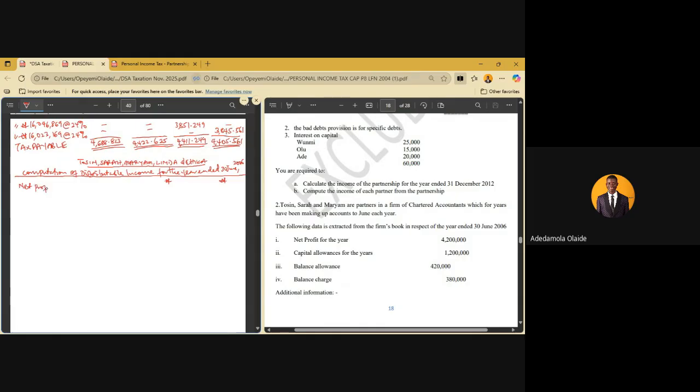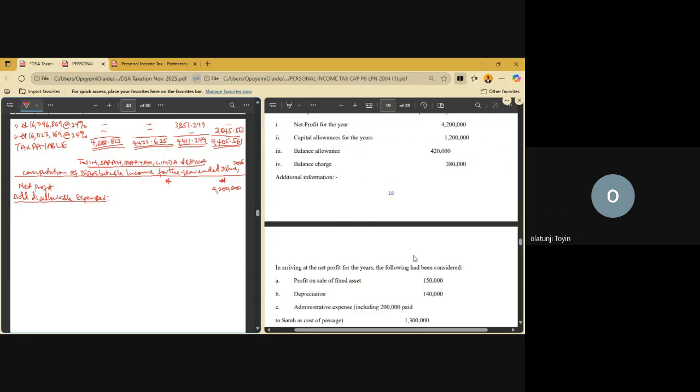Net profit 4.2 million. Add disallowable expenses. Disallowable expenses will be depreciation, 140,000.